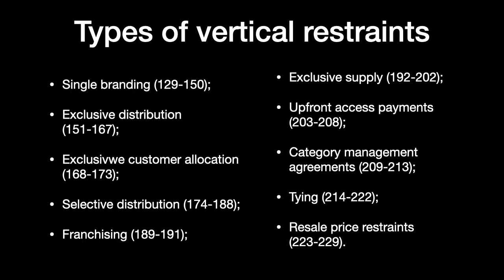So here you're binding, for instance, a distributor to sell the contractual products supplied by that specific supplier and not goods that would compete with those supplied by that particular supplier. Exclusive distribution, where you appoint an exclusive distributor, exclusive customer allocation, selective distribution, that is to say, only distributors that meet certain specific qualitative criteria may be admitted into the official distribution network of a seller.